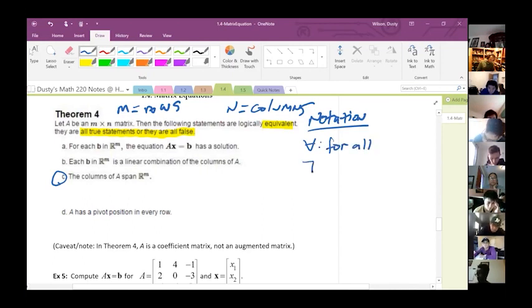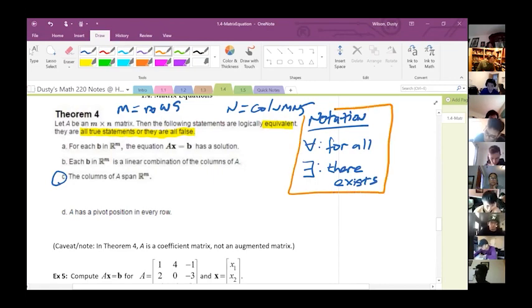And we have a backwards capital E. And the backwards capital E means there exists. So we'll find ourselves using this notation for shortcuts in this class.